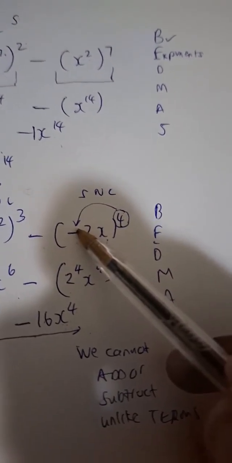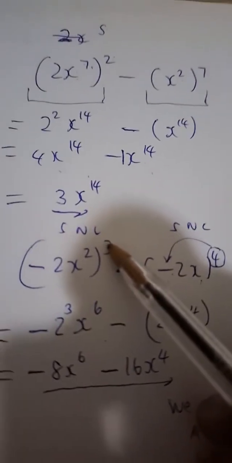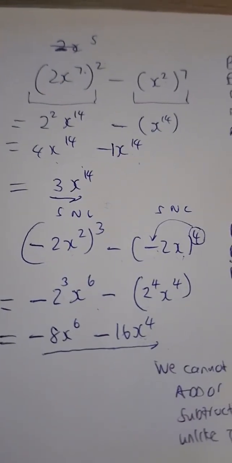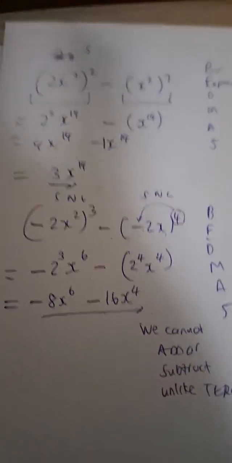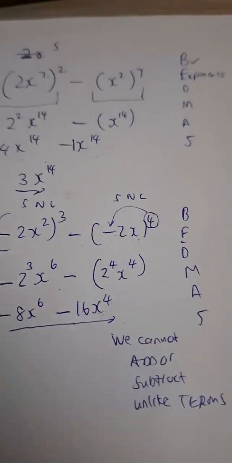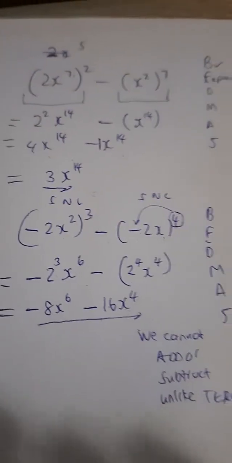It changes it to positive. But an odd exponent keeps a negative sign. All right? Those are important things. These are fundamental basics that I emphasized even yesterday. Hopefully you understand that.